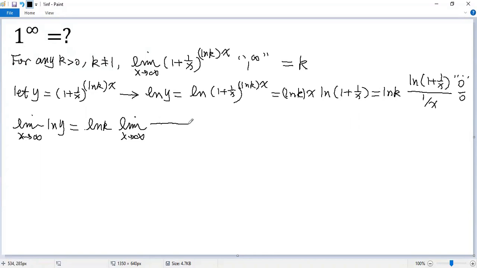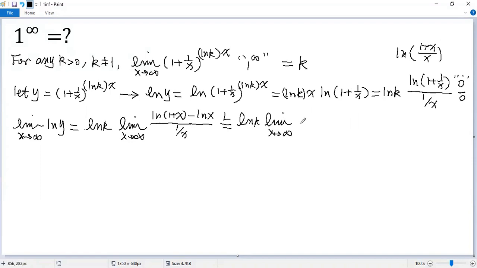Before applying L'Hopital's rule, we change the top as ln(1 plus x) minus ln x, because we can write this as ln of (1 plus x) over x, and then use the logarithm property, right? So we get that, and the bottom we keep. Now we apply L'Hopital.